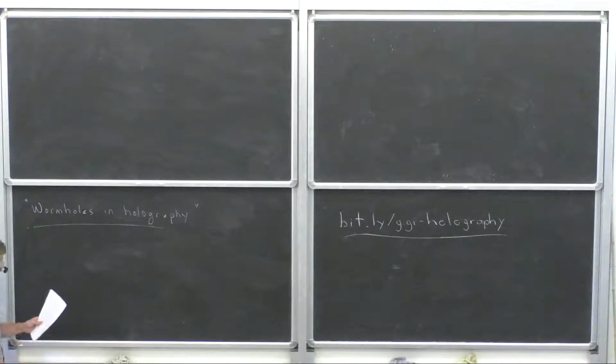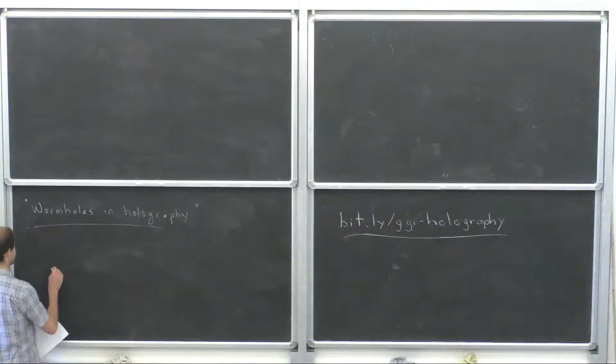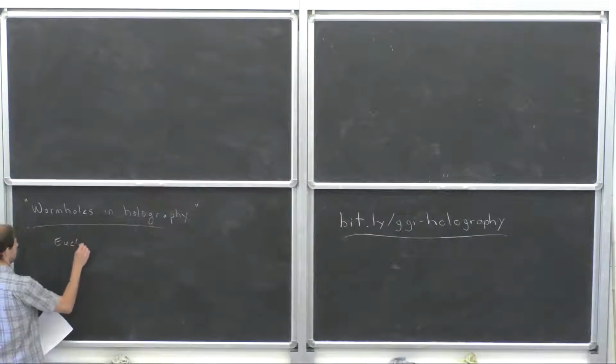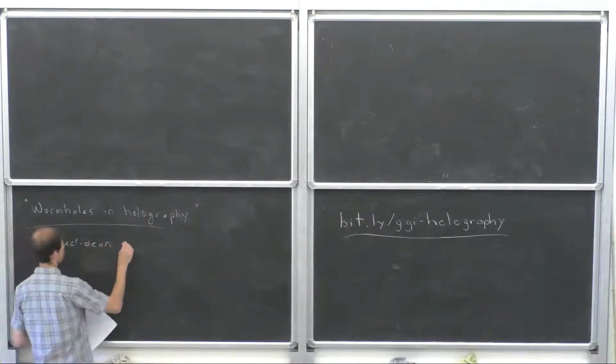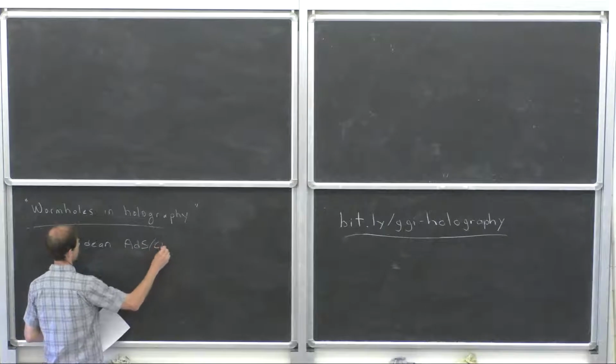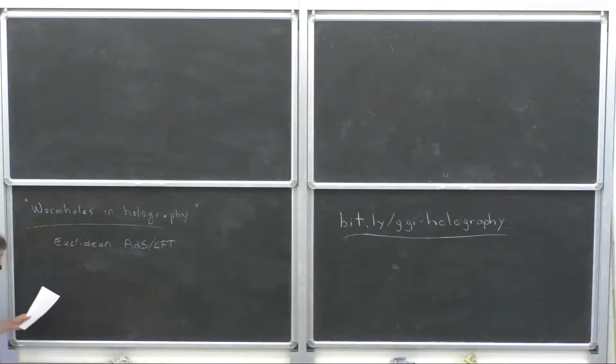So with that in mind, the question we're going to be concerned with over these lectures is, let's keep it easy, let's talk about the Euclidean version of AdS/CFT, and let's talk about the multi-boundary problem.